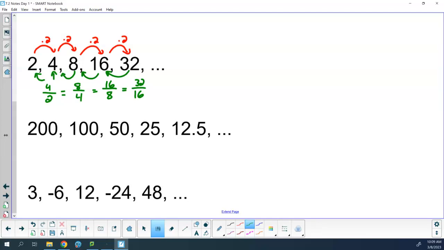I take any term and divide it by the term right before it. 100 divided by 200 is 1 half. 50 divided by 100 is 1 half. 25 divided by 50 is 1 half. 12.5 divided by 25 is 1 half.